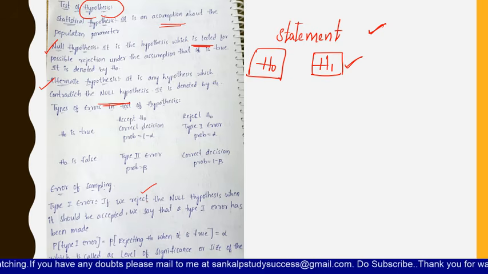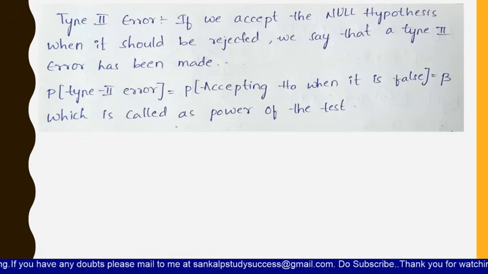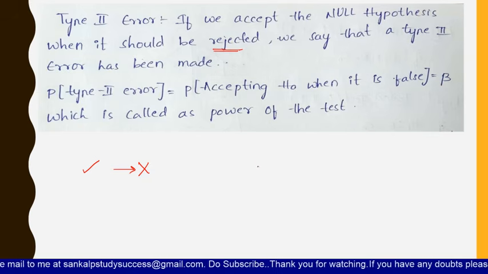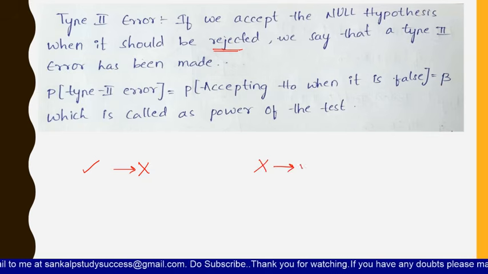Exactly opposite to the type 1 error, whenever the null hypothesis should be rejected, at that time if you accept it, then it is known as type 2 error. That means whenever it should be accepted, you reject it, and whenever it should be rejected, you accept it. These are the errors based on the null hypothesis, the type 1 and type 2 errors.